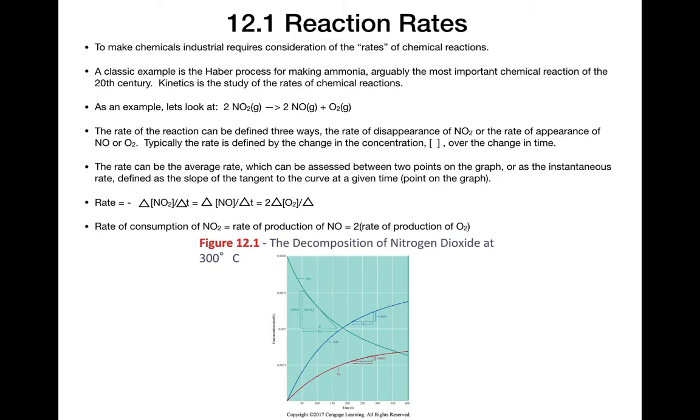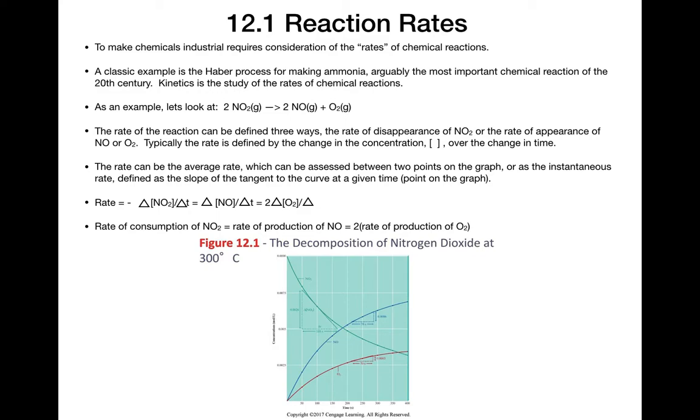You can tell that NO2 is falling at the same rate that NO is rising, but O2 is rising at half the rate that NO is rising. You can tell that these are not linear, that they are curved.